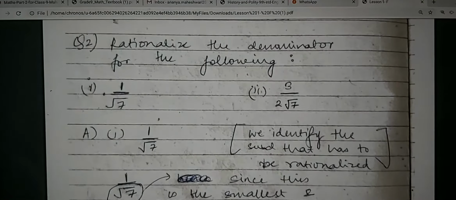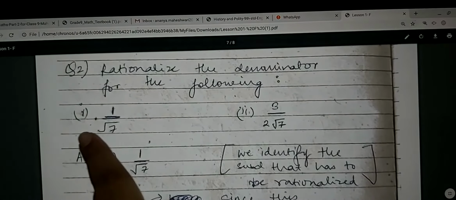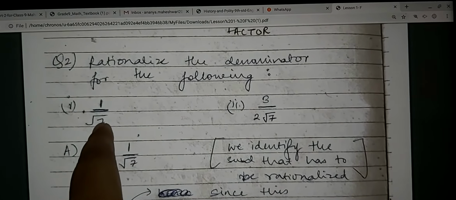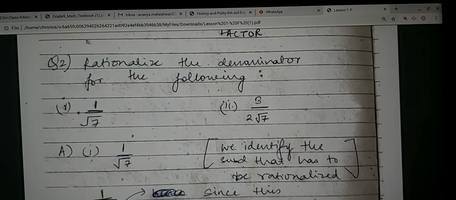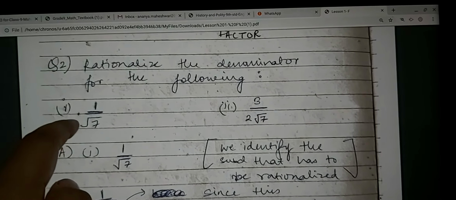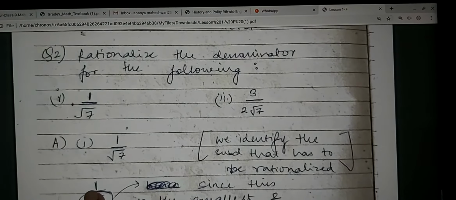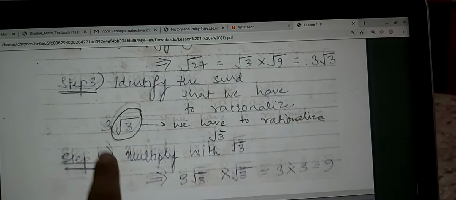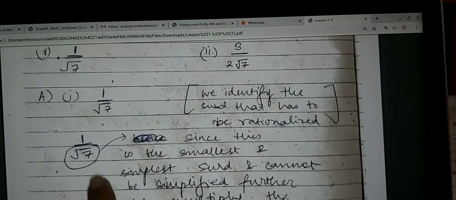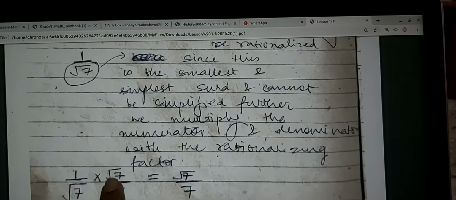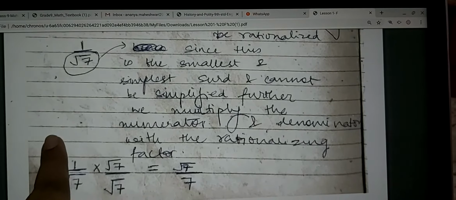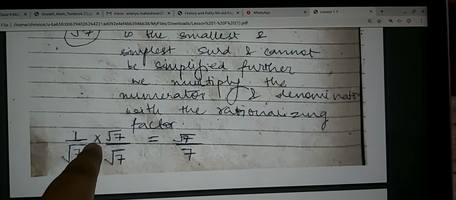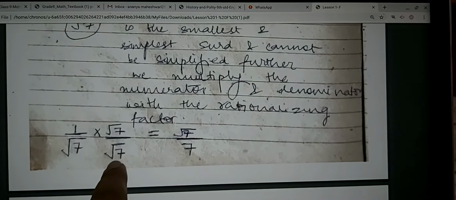Now I'm also going to look at 2 examples of fractions. 1 upon root 7. What do I have to rationalize? Root 7, right? So what I'm going to do is, just like over here I got a root 3, over here what I'll do is I'll bring a root 7. So I will multiply 1 by root 7 into root 7 by root 7.